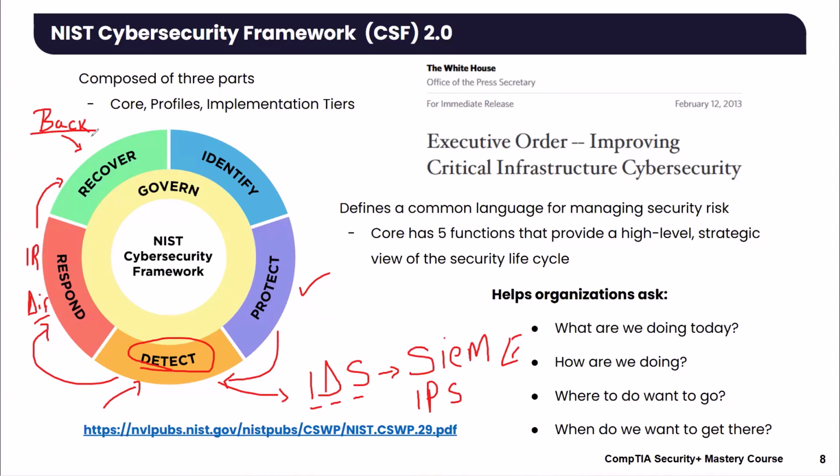Let me ask you this. What do you think is the biggest cybersecurity threat of the recent 1, 2, or 3 years? What is the biggest threat to organizations? Staff, people, yeah.